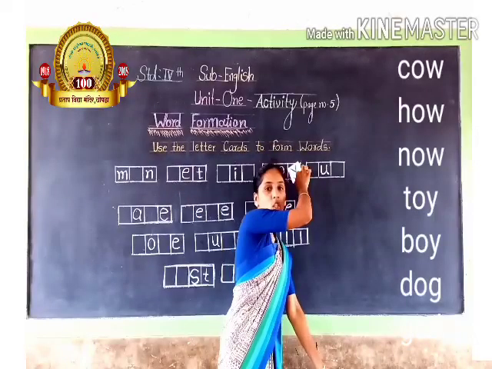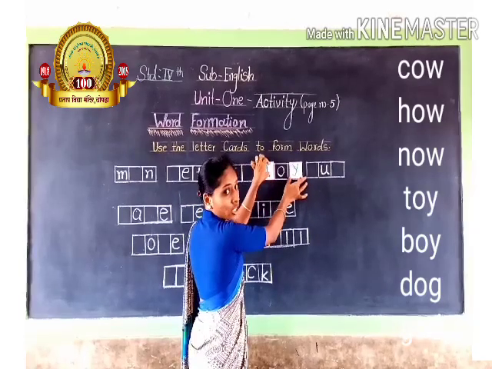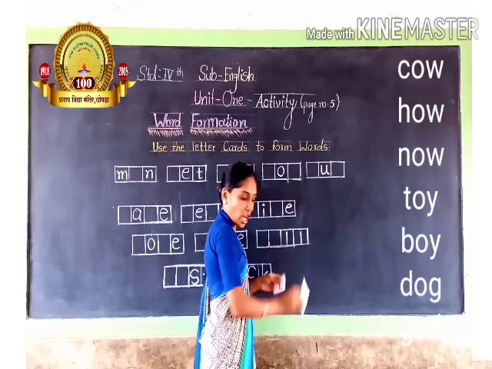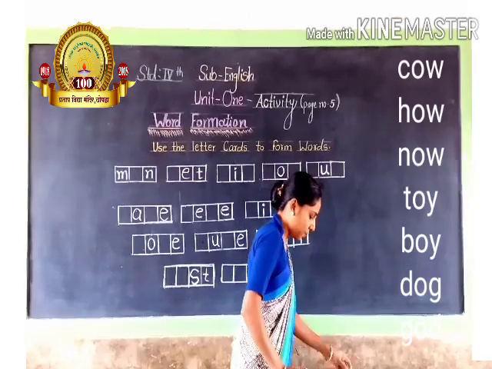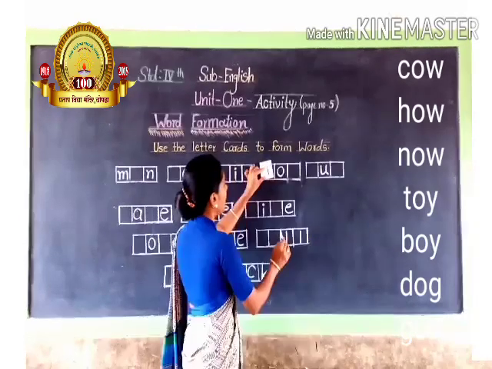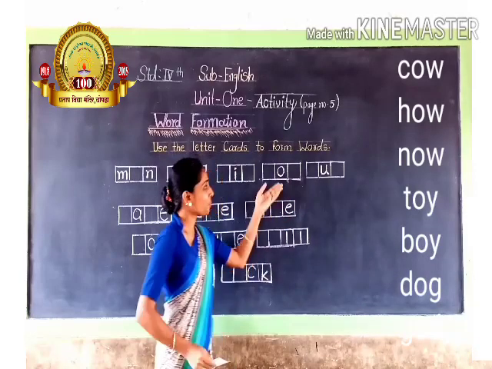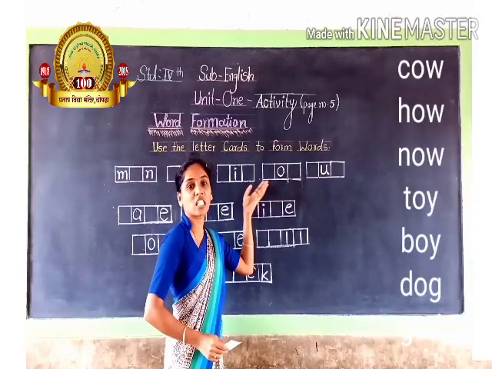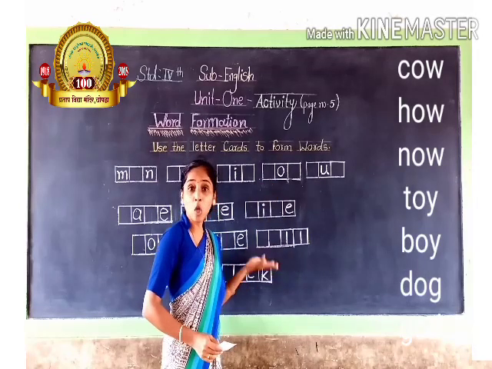If you change the first letter, then TOY, toy. Then another word we found here is DOG, dog. In this way you can make different words: cow, how, now, toy, boy, dog.